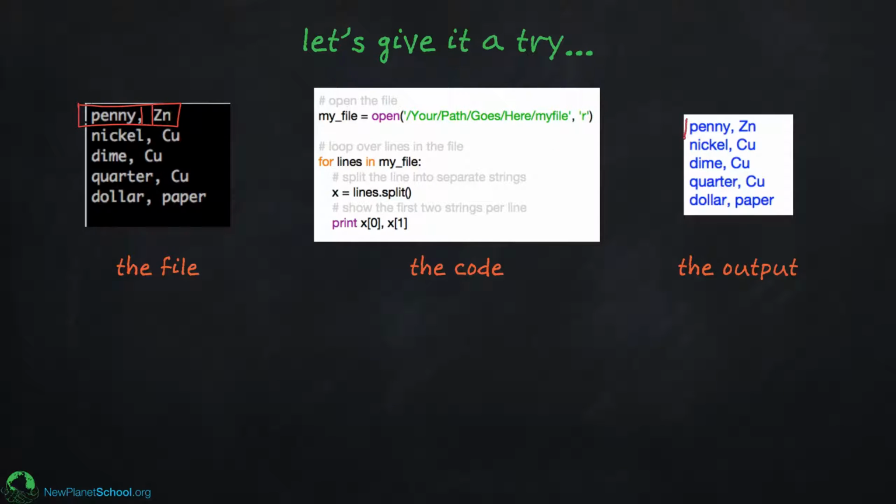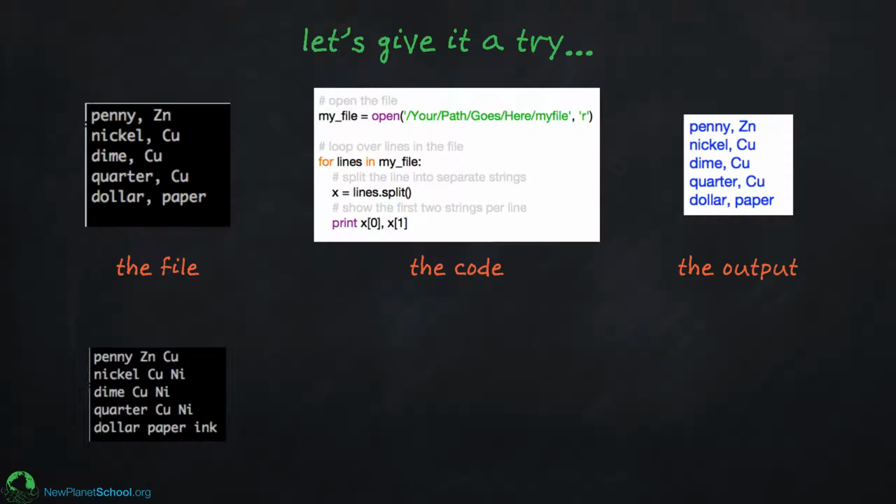So we got penny, comma. That was the first thing on the line, and zn, zinc, was the second object. Then it went to the second line, read that in, split it based on white space, wrote out the first object, wrote out the second object, right here like this, and then continued through the file until the file was done. Okay, so that is how it works.